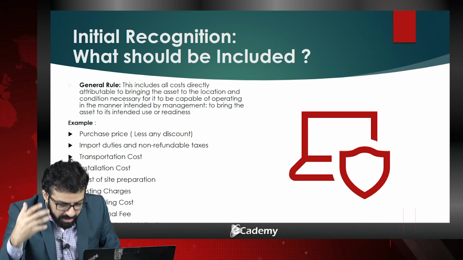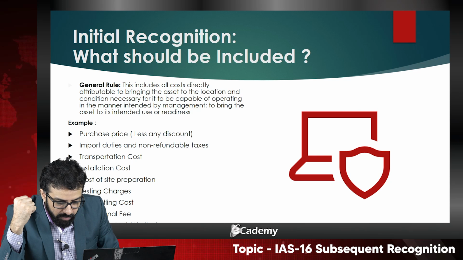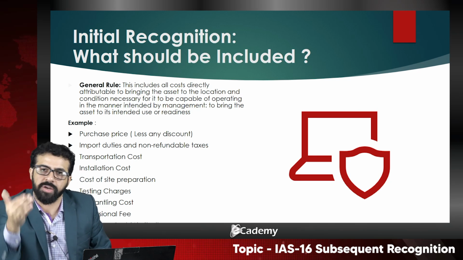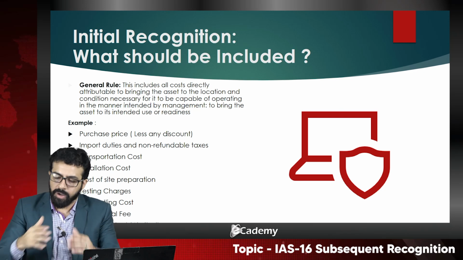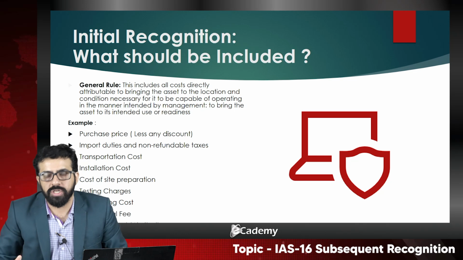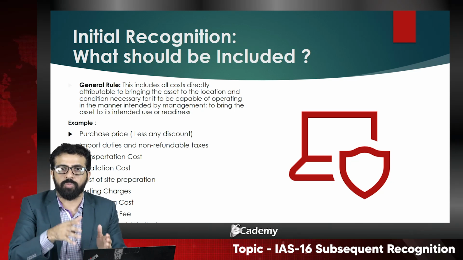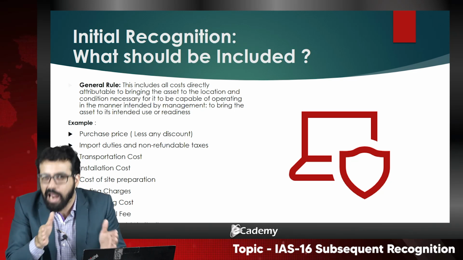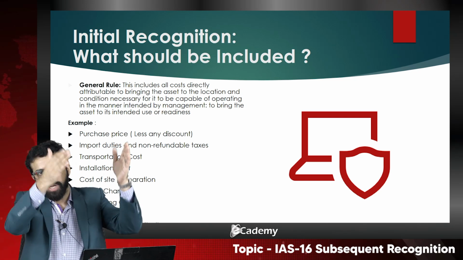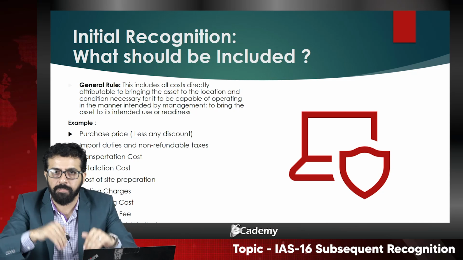It is the cost of dismantling and removing the asset and restoring the site to its original condition. Sometimes for the asset to be installed, you have to modify the land. You have to create a base for that particular asset in that land.